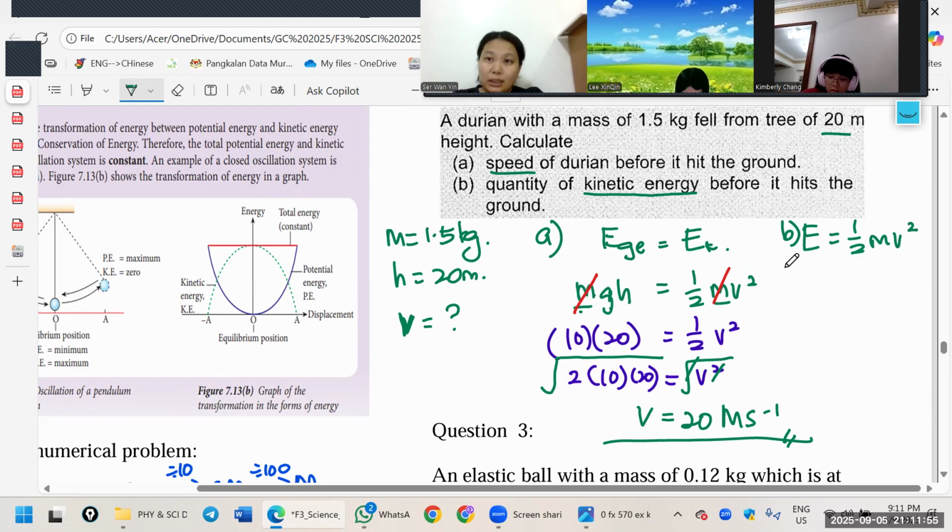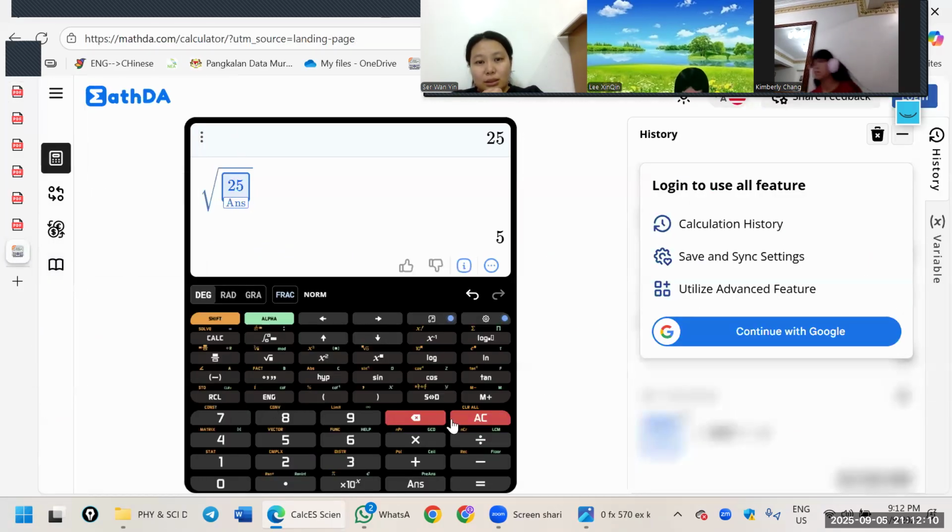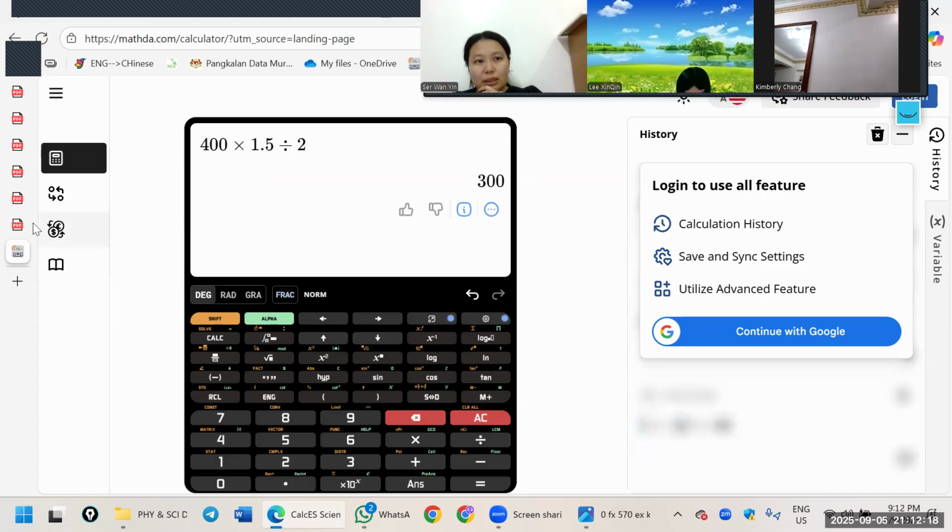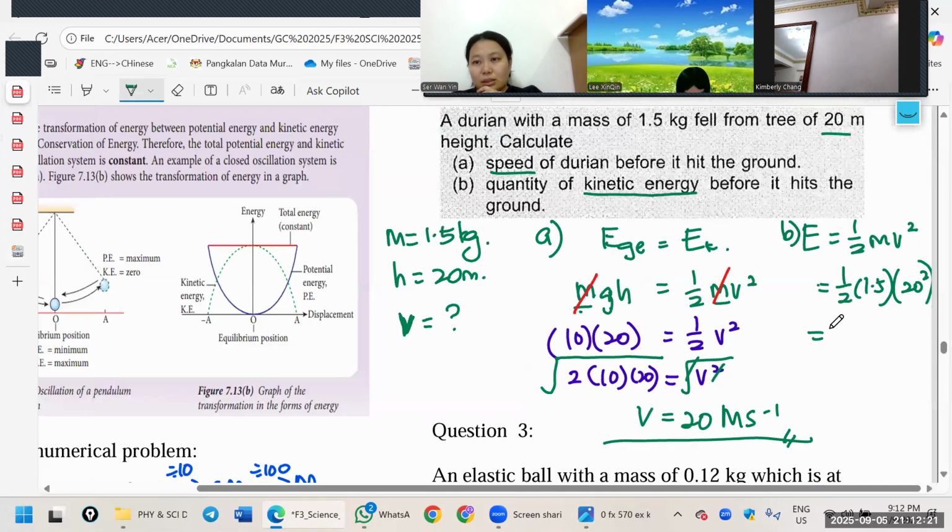Both also can. So you will get half mv squared. So it is 400 times 1.5 divided by 2, the answer is 300. So the answer is 300. What's the unit?